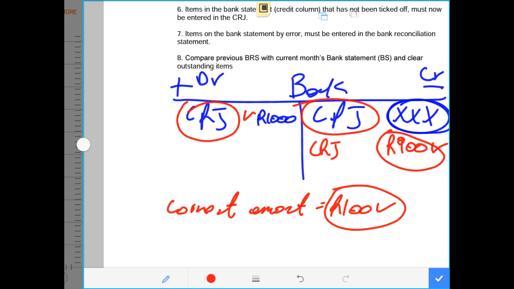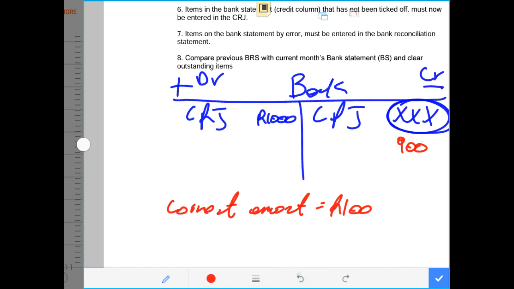In the case where the debit side is overstated, we have to correct the debit side, which is the cash receipt journal, in the cash payment journal, being the credit side of the bank account. So that's why they say you can correct the receipt in the receipt or the receipt in the payment.